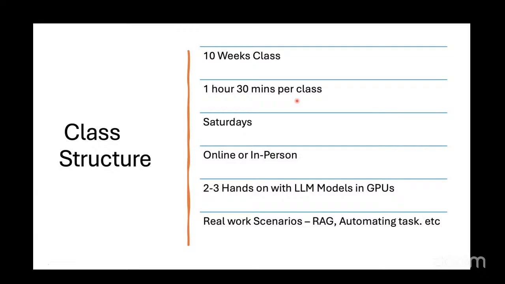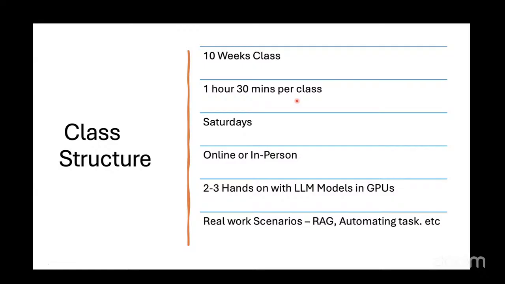Every class will have 2 to 3 coding hands-on sessions. What will the developer do? What about the QA system people, the operations people, or new engineers who are looking for a job? They can also learn coding, as well as how to set up the agentic model.